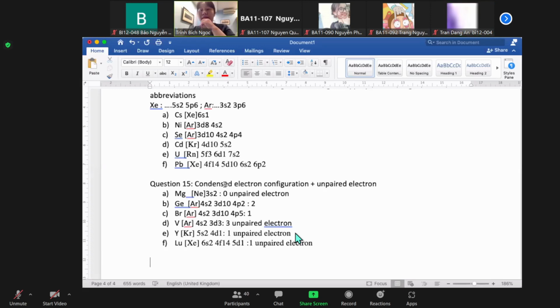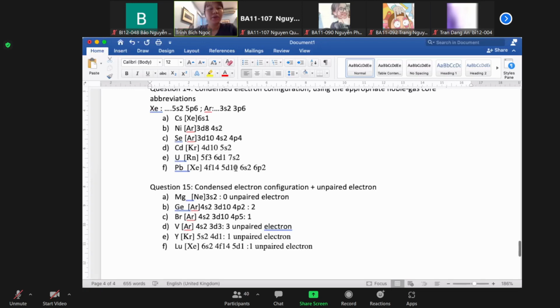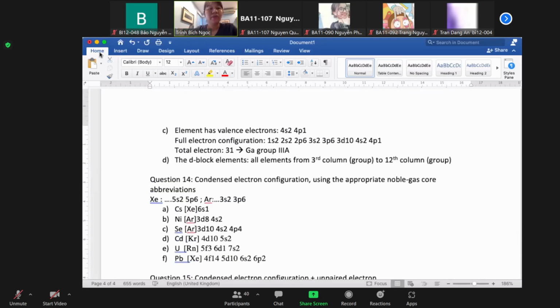So please, for 10 minutes left, we will do the quiz. So open your notebooks or do it on Word. You don't need to draw anything, so you can do it on Word, and you save it.